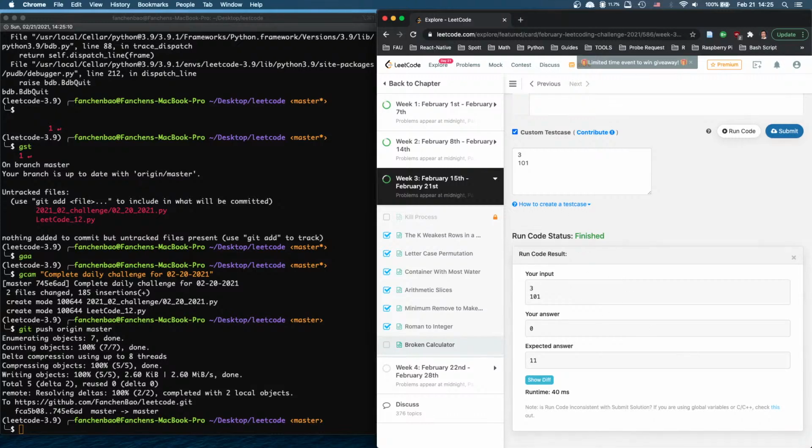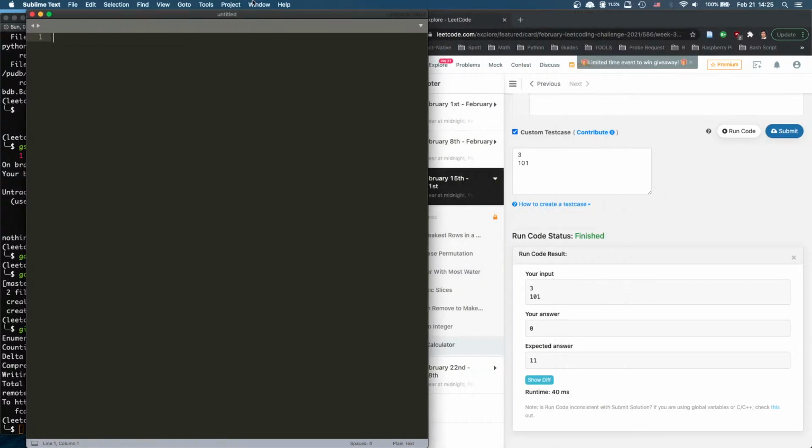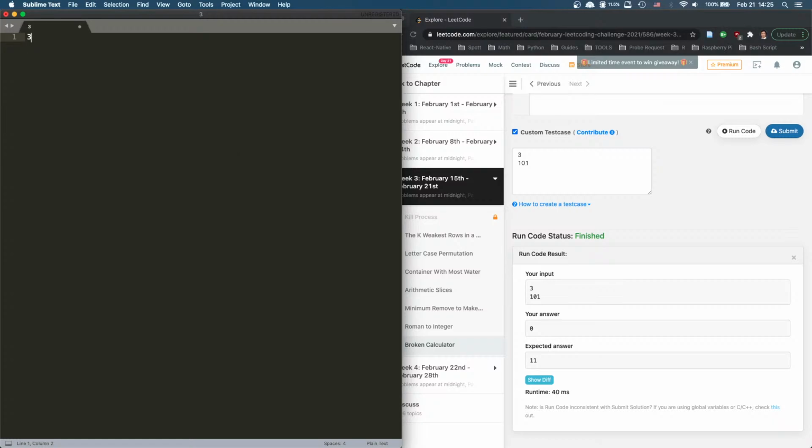So what we're going to do is we're going to be going from 3, and we're going to go to 2, go to 4, go to 8, go to 7, go to 14, go to 13, go to 26, go to 25, no, not 25, 26 is directly 52, go to 51, go to 102, go to 101.